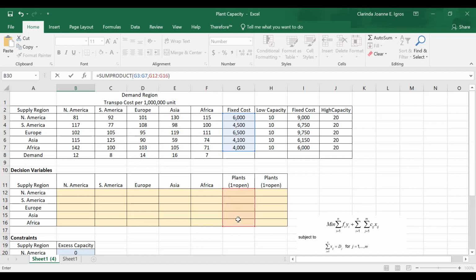So this is the fixed cost. Then same with the cost for the high capacity.